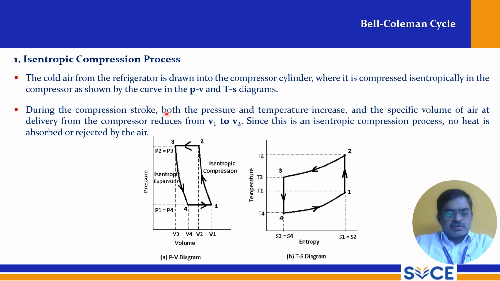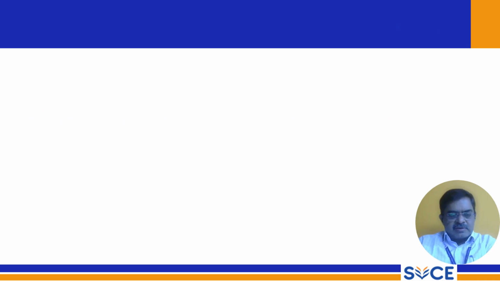During the compression stroke, both the pressure and temperature increase and the specific volume of air at delivery from the compressor reduces from V1 to V2. Since this is an isentropic compression process, no heat is absorbed or rejected by the air.